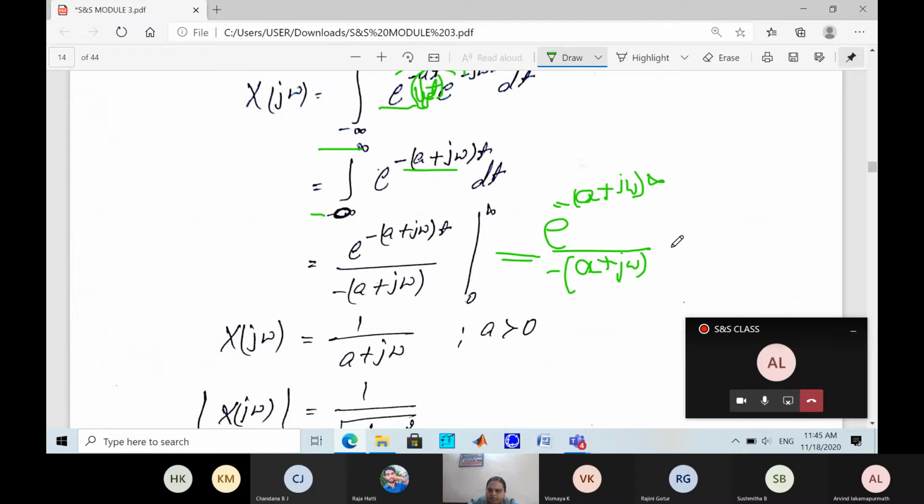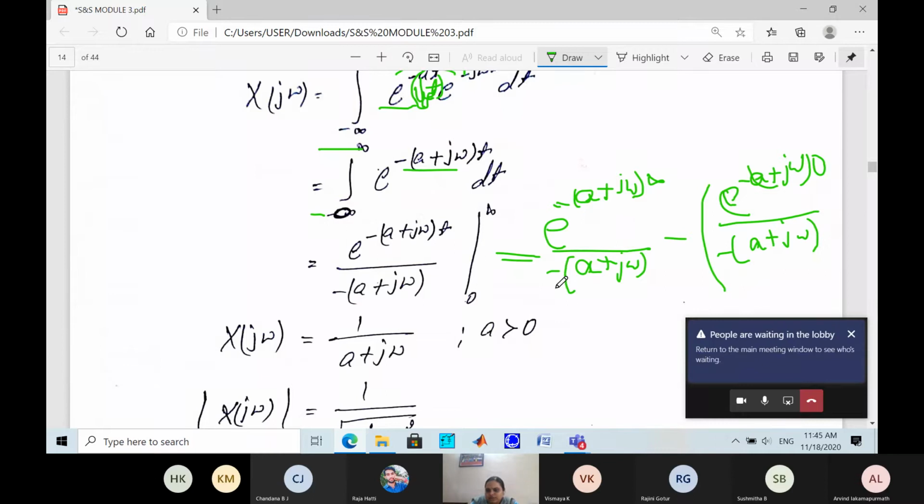Yes, this is the upper limit. Minus the lower limit, which we apply here: e raised to minus a plus j omega into, what is the lower limit? It is 0. We are substituting for t, right? Then divided by minus of a plus j omega.